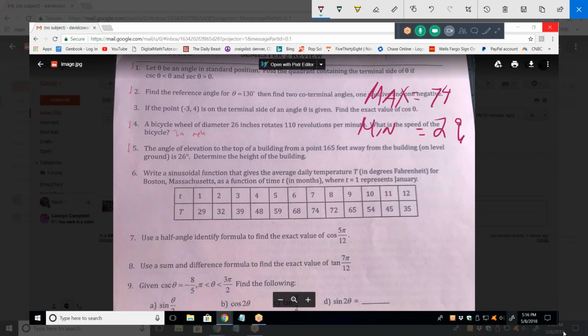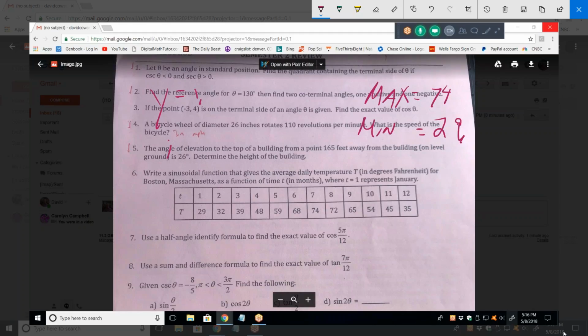Okay, in the sinusoid function that we're going to come up with, we need to come up with A, B, C, and D. Do you know how to get A? Wait. It's the max minus the min divided by 2. So 74 subtract 29 divided by 2?